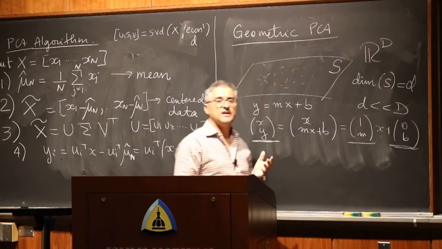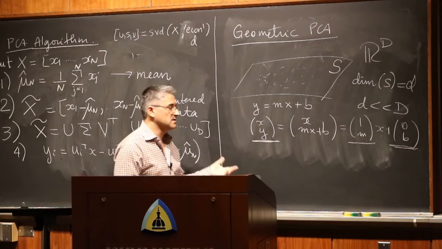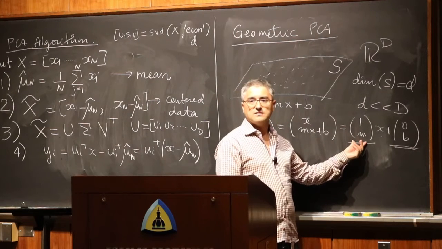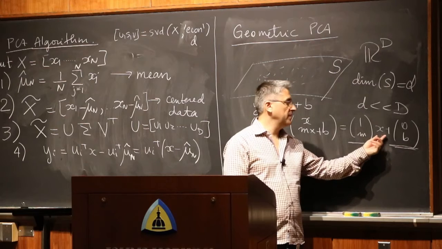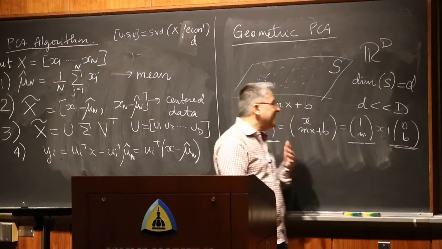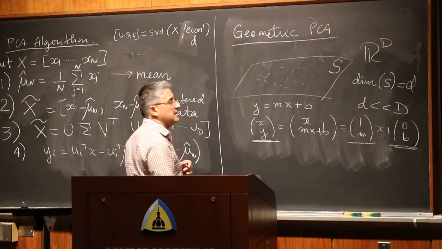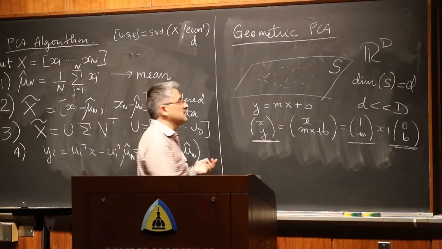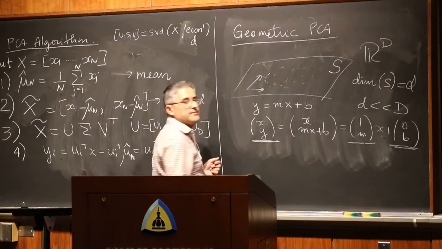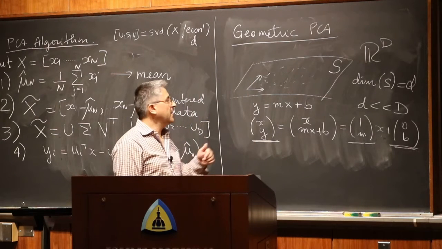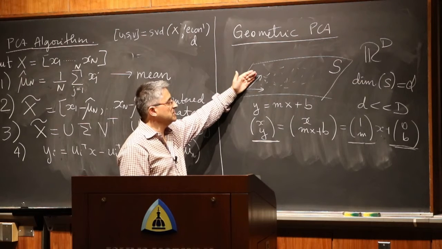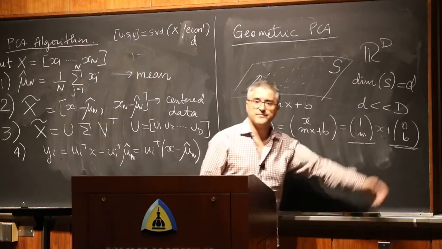More generally, a line is always a direction times a variable plus a fixed point. That principle generalizes to higher dimensions as well. If I have a subspace with 2 dimensions, it's going to be something times this vector plus something times that vector plus the fixed vector.